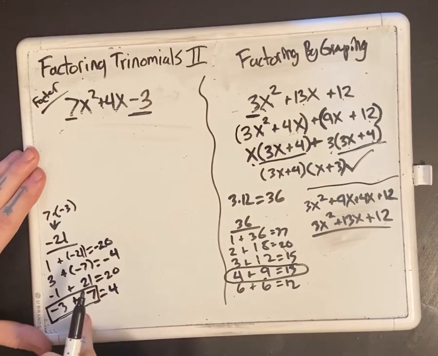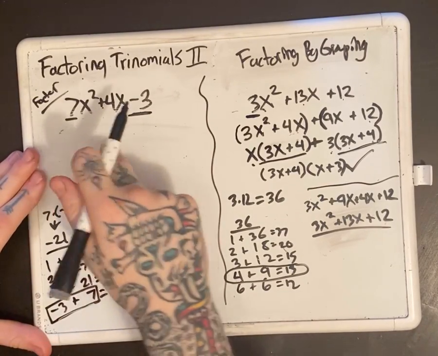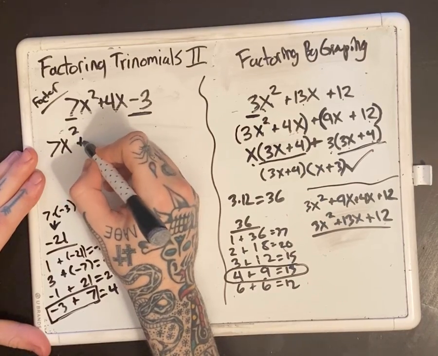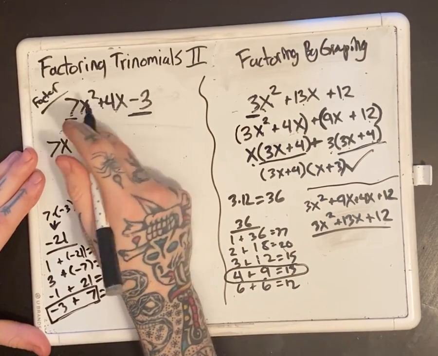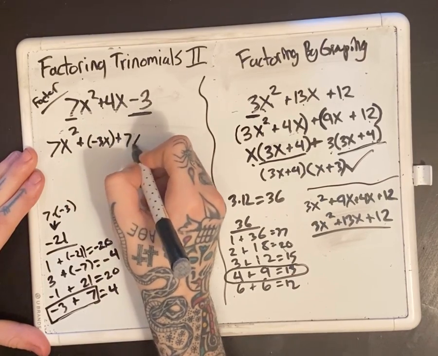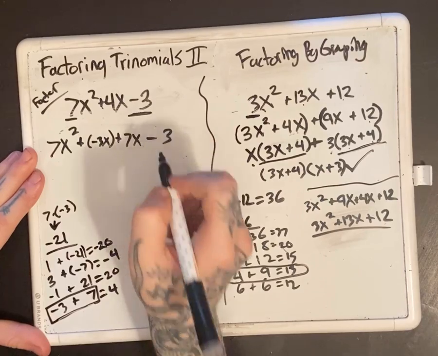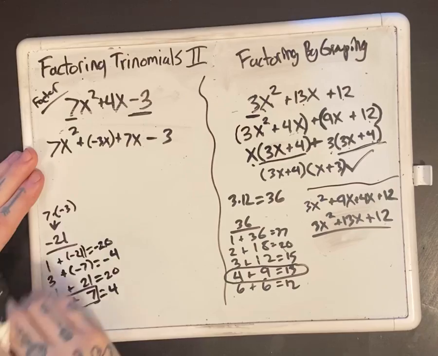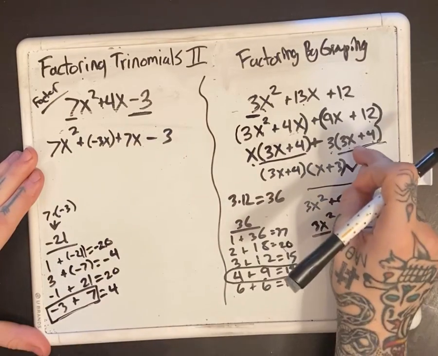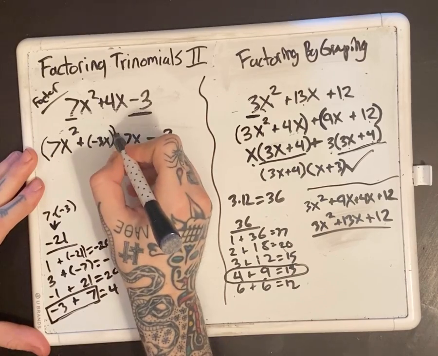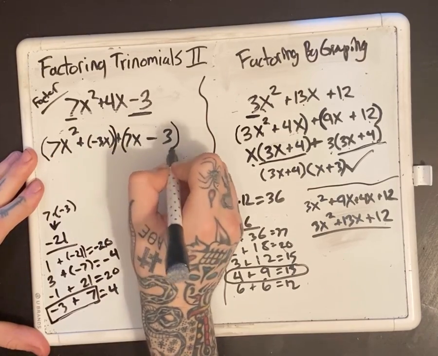So now we're going to use these 2 numbers to break apart this 4. So 7x squared plus negative 3x plus 7x minus 3. Once we break that middle part into 2, now we have 4 terms, and I'm going to group like I did over here. So I'm going to group these 2 together and these 2 together.